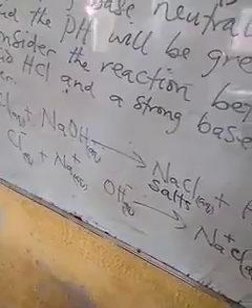And you may see H2SO4, which is also a strong acid, maybe reacting with one of the bases, as I have mentioned earlier, to produce salt and water. Such kind of reactions is called neutralization reaction.